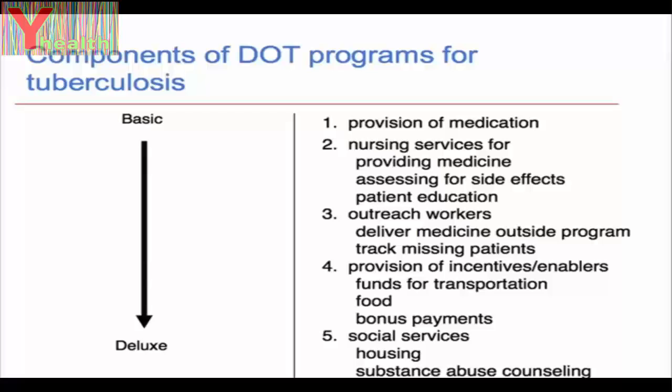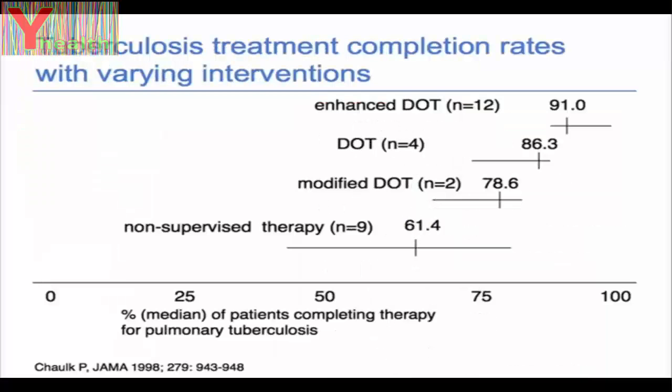Additional services could include nursing, for the provision of medicine, assessing side effects, and patient education, the use of outreach workers to bring medications to patients who can't come to the clinic on a regular basis, and to track missing patients who have defaulted, the provision of incentives or enablers, such as funds for transportation to clinic, food, or bonuses for patients who have high rates of adherence, and finally, referral for social services, such as housing or substance abuse counseling.